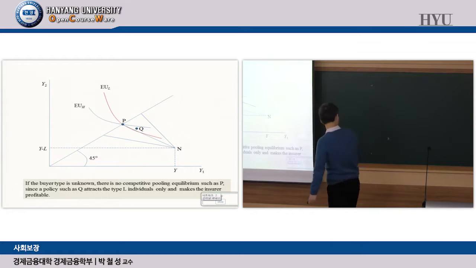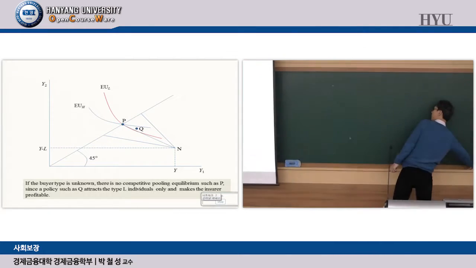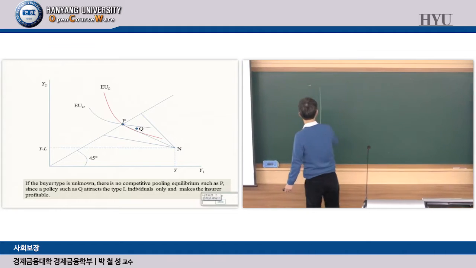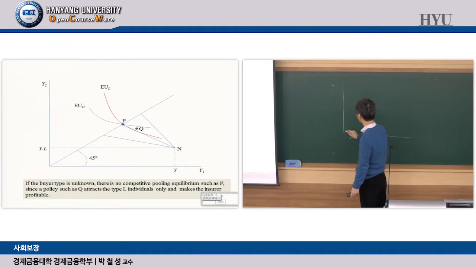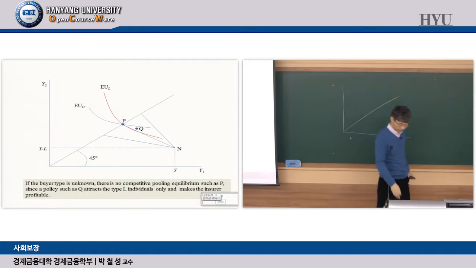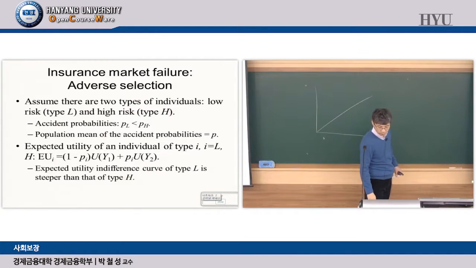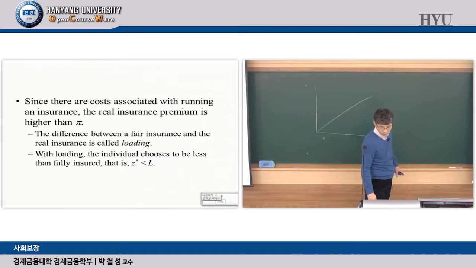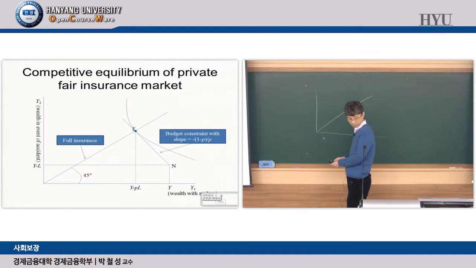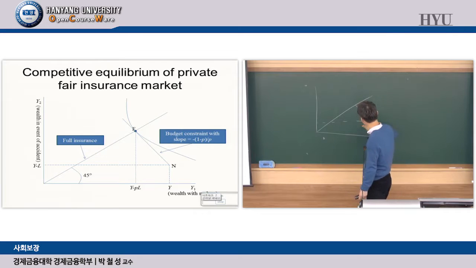Now, if I give you one additional thing, if you look at, let's say, this case, the 45-degree line, this is the slope of minus (1 minus p) over p.